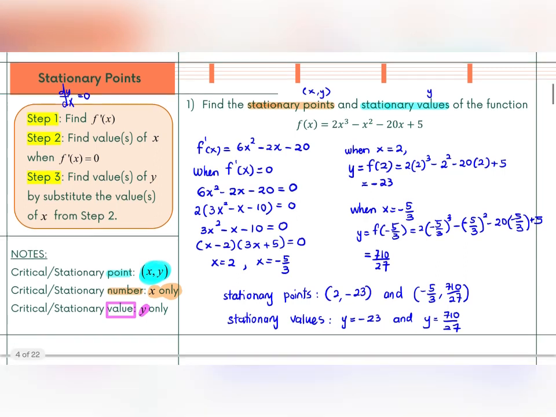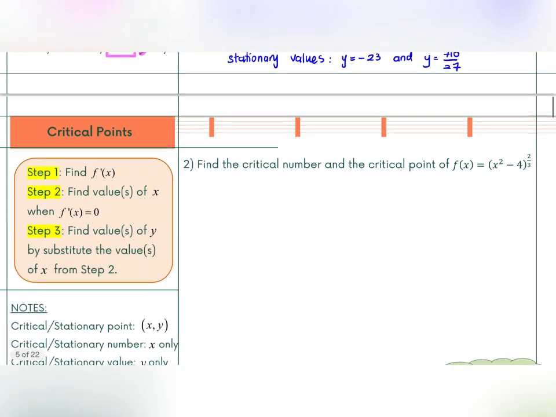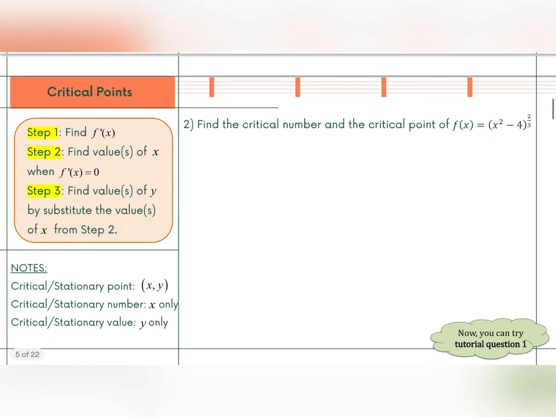Next, let's look at the second example di mana kita nak cari pula critical points. Okay, critical points adalah apabila f prime x is equals to 0 dan juga apabila f prime x is undefined. So, kita kena rujuk kedua-dua kes ini untuk dapatkan value of x dia.